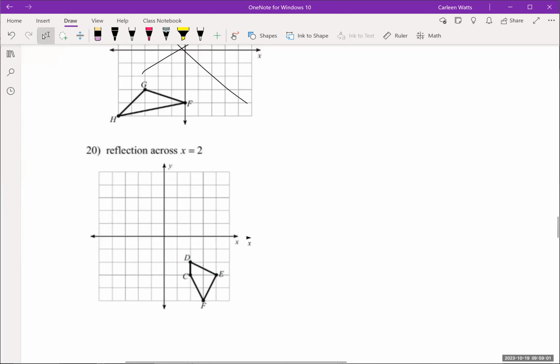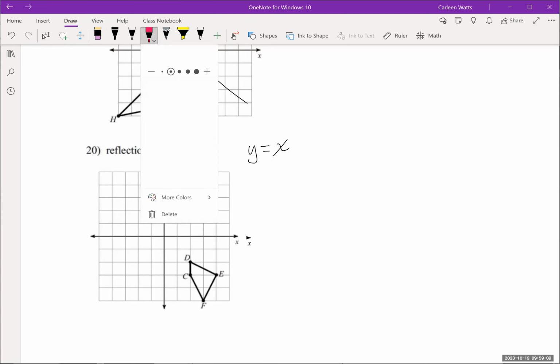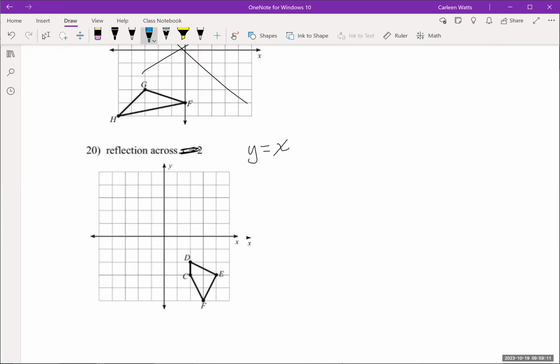We need to practice reflection across the line y equals x. What does that line look like? Yeah, it has a y-intercept of 0 and a slope of 1 over 1. So we're just going to practice reflecting.